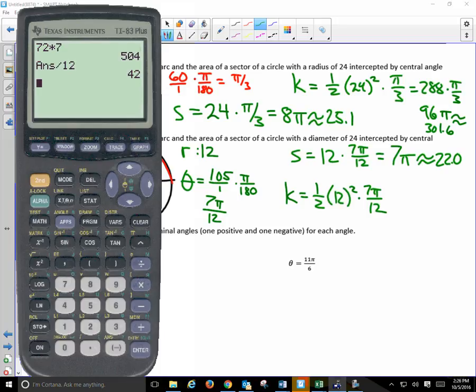And I get 42 pi, which is approximately 131.9. Not too bad, huh? Use the formula, convert it to radians.